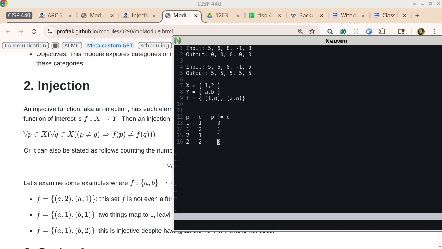Okay, very good. So that means whatever we need to evaluate next, which is p does not equal q implies f of p does not equal f of q, and I can put in extra parentheses to be more readable. We know this is true because for both of those, the left-hand side of the implication is false already.